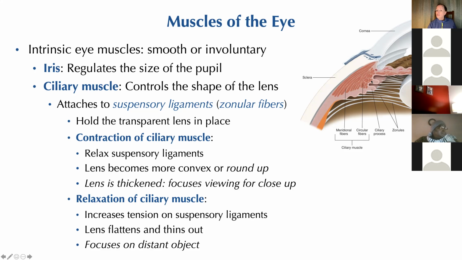When the muscle ends up relaxing, the fibers pull and tighten. The muscle kind of pulls away as it relaxes. This increases the tension on these fibers and it flattens out the lens. That's what happens when you focus on a distant object. So we'll go through this again, okay, because it is not intuitive.